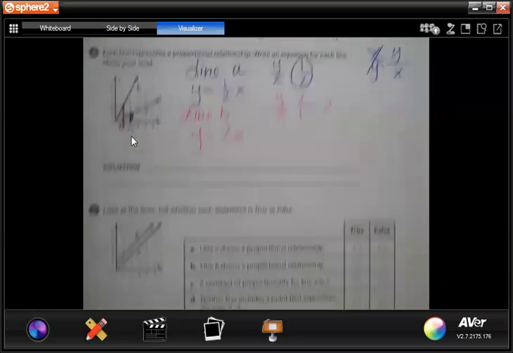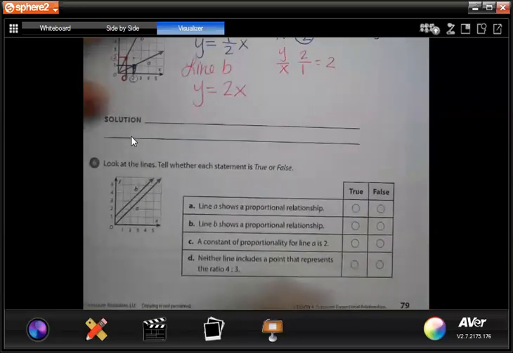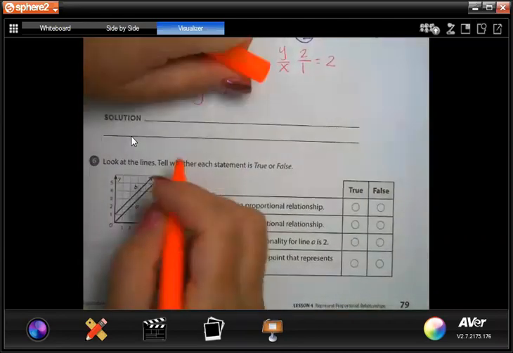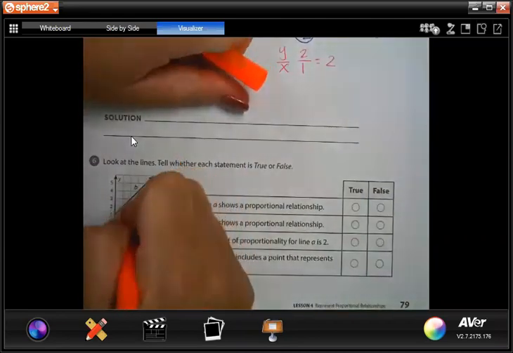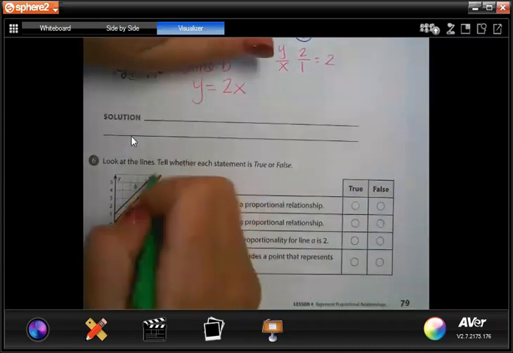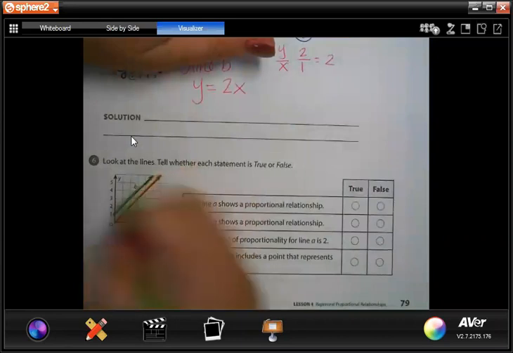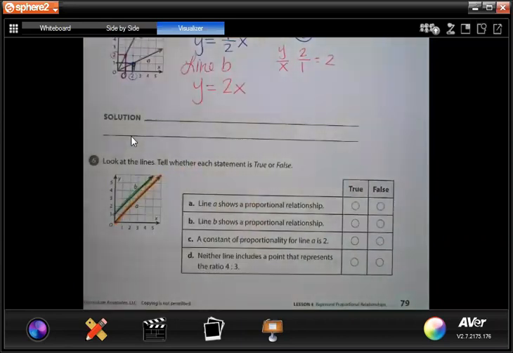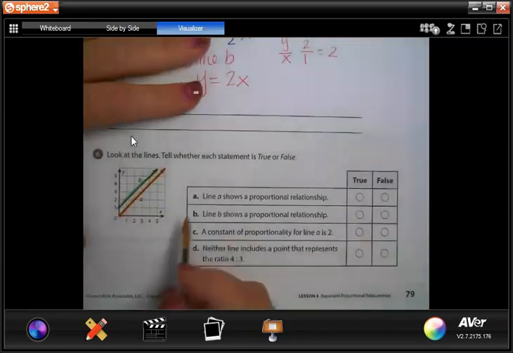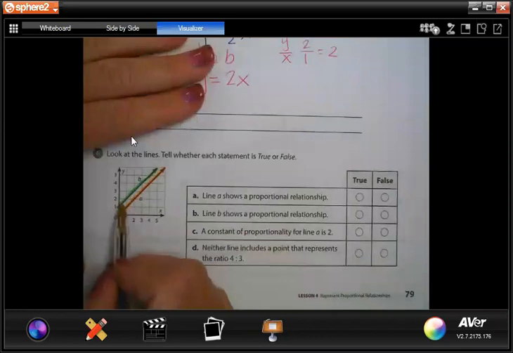All right. So take a look at this. We have 2 lines. We have line A, which is this line right here, and then we have line B right there. Now let's discuss both of them before we answer anything over here. Looking at them, first of all, we know they're both straight lines.